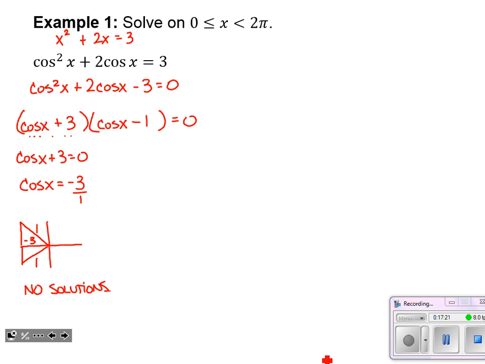Now, all is not lost. We still have this other factor here that will work. Let's set that equal to 0 and solve. If I add 1 to both sides, where can cosine x equal positive 1? Well, think about it. That means x over r is 1 over 1.